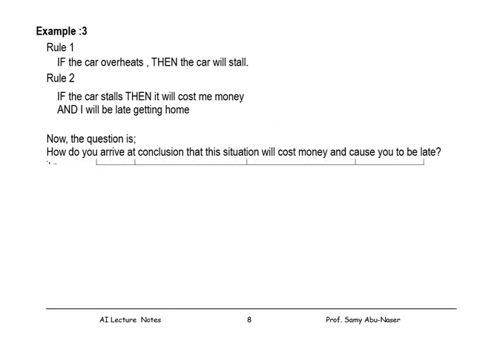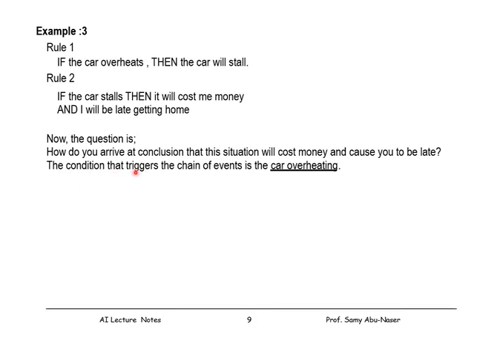So, in forward chaining, rule 1: if the car overheats, then the car will stall. Rule 2: if the car stalls, then it will cost me money and I will be late getting home. Now, the question is, how do you arrive at the conclusion that this situation will cost money and cause you to be late home?